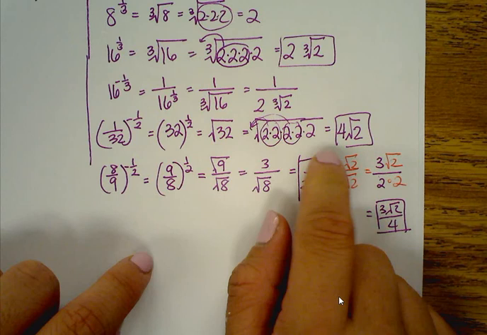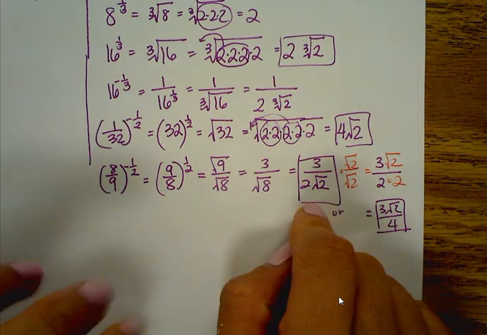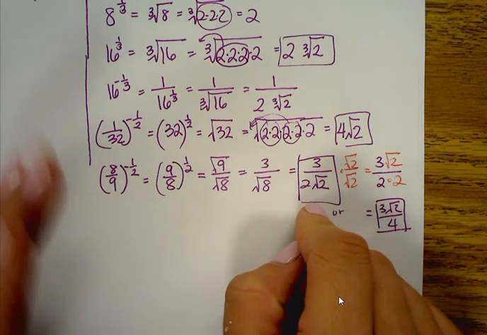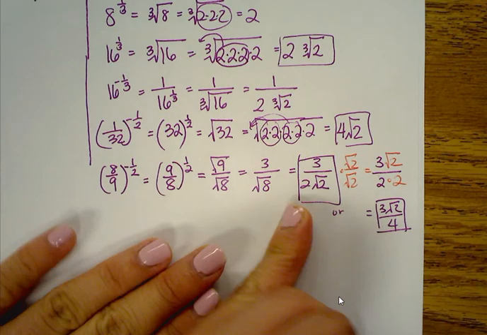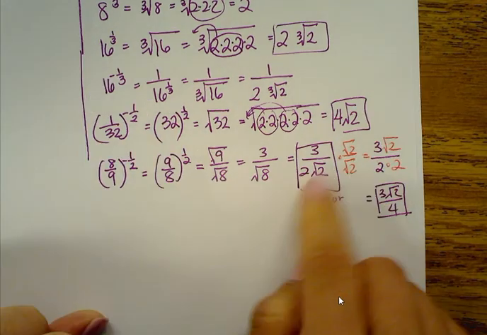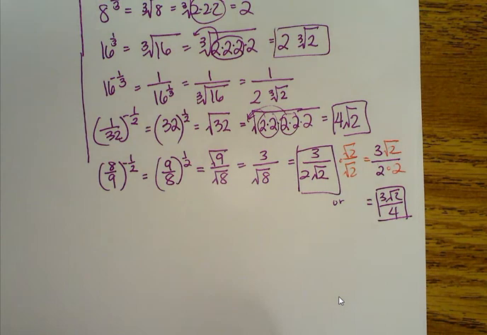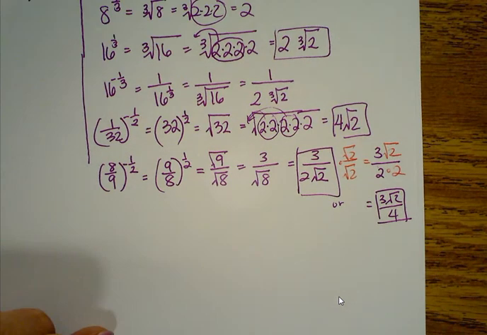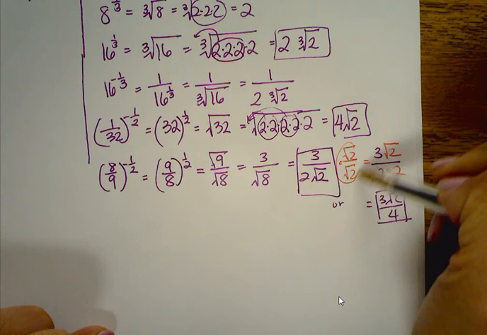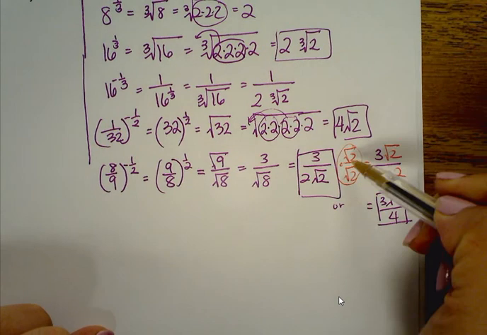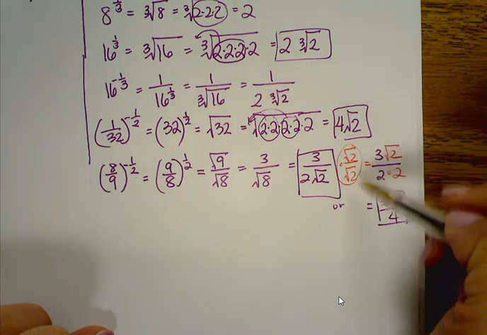You can leave it like that, but sometimes if I tell you to simplify it all the way, we don't like to have radicals in the denominator, so we have to rationalize the denominator. How do you do that? By multiplying by 1, but it's a special kind of 1. It's rad 2 over rad 2. Why do I multiply by that?